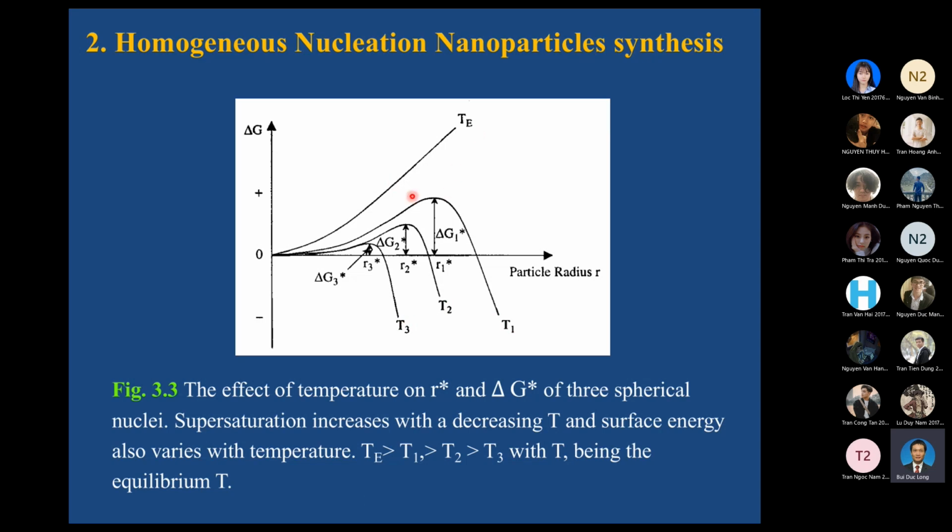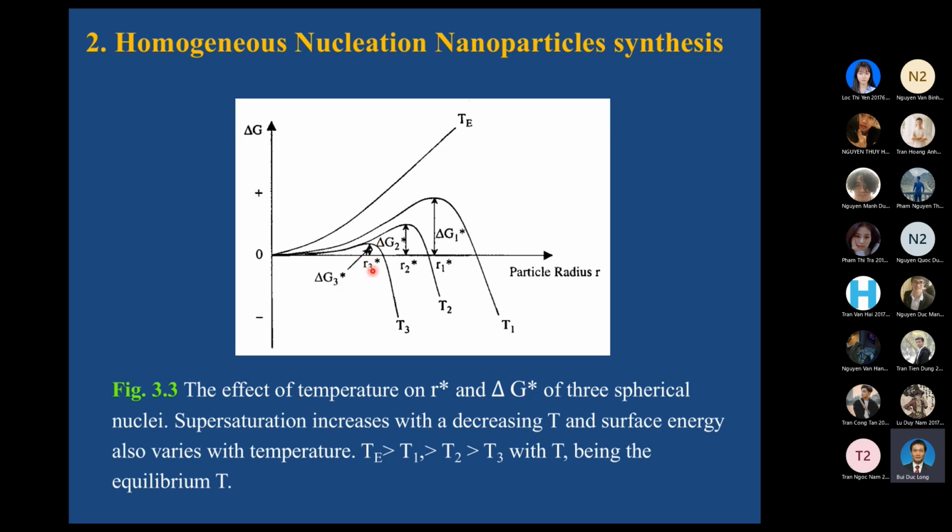If T is so high, we cannot find the maximum, where the energy will reduce, so for this temperature the nucleation process will not happen. As temperature reduces, the energy of the system also reduces.